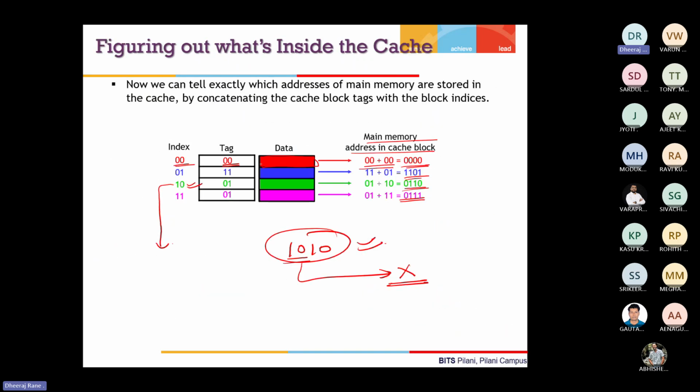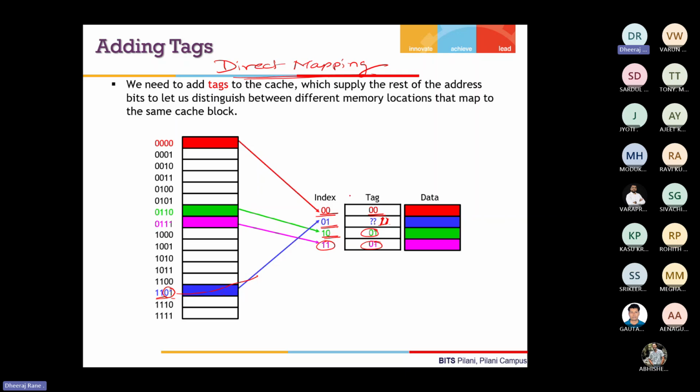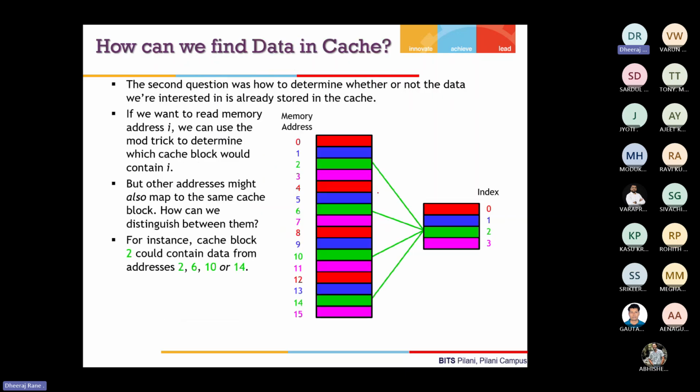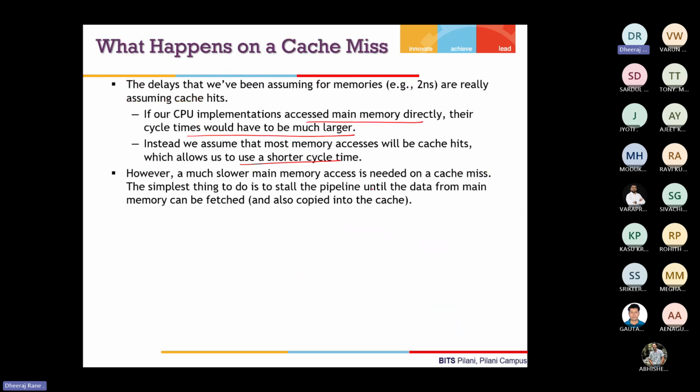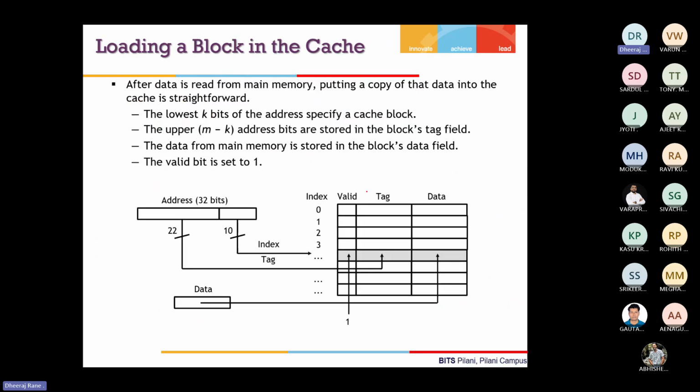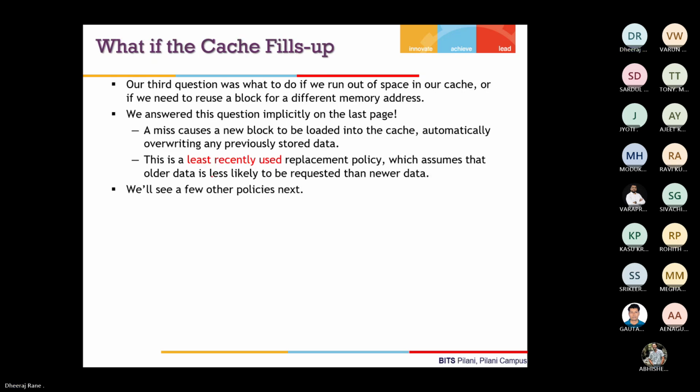Here we can see the number of bits required to address the cache is 2 bits, and these two least significant bits will give me the line number, right? That way we can load a block within the cache. Once the data is loaded, the valid bit is set to 1, right?